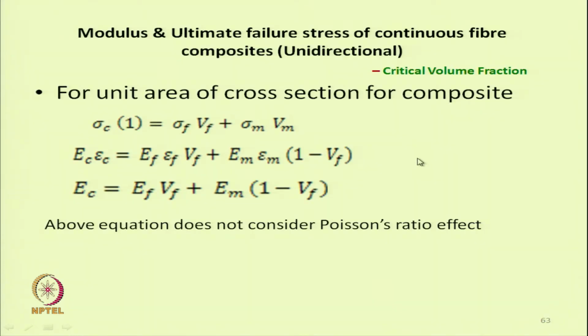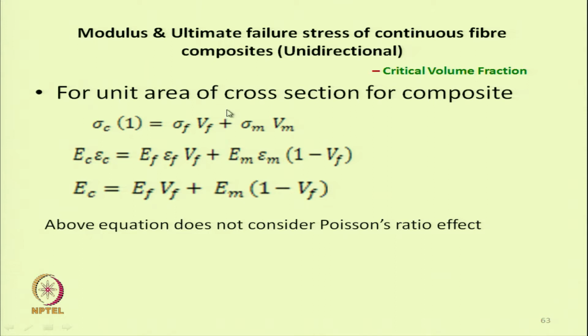Now, if we know the volume fraction of fiber, we can calculate the stress and modulus of composite. So, for unit cross sectional area of composite, stress on composite is equal to stress on fiber plus stress on matrix.